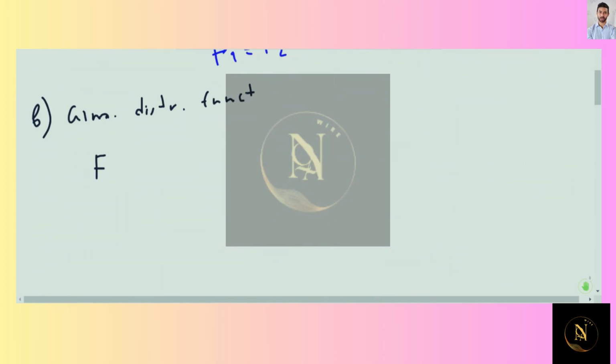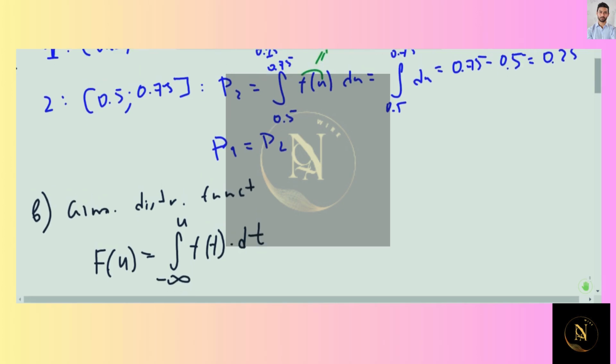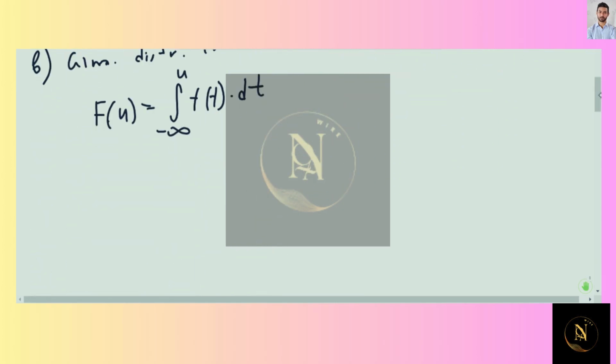As we know, the cumulative distribution function for a continuous distribution is calculated as the integral from minus infinity to u of the probability density function. So now let's split all possible values of u into 3 intervals.